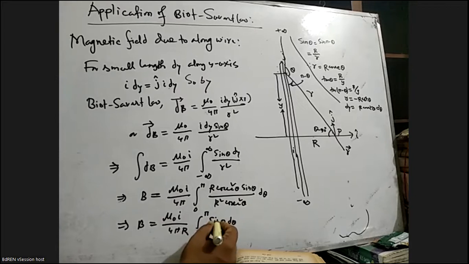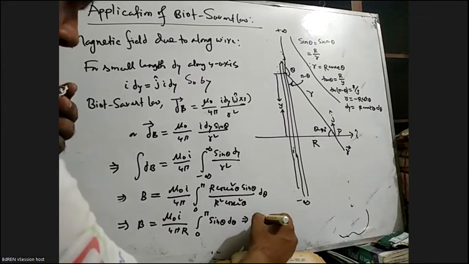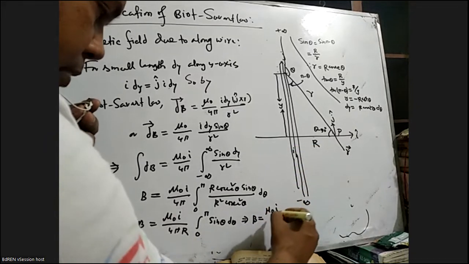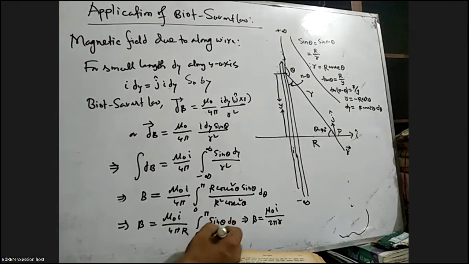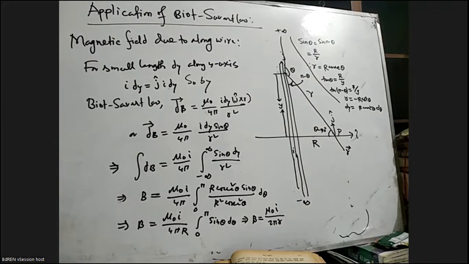After integration we get only 2. This is why B can be written as mu naught I divided by twice pi r. This is the application of Biot-Savart's law for finding the magnetic field due to a long straight wire carrying a current. I hope it is very easy for you.